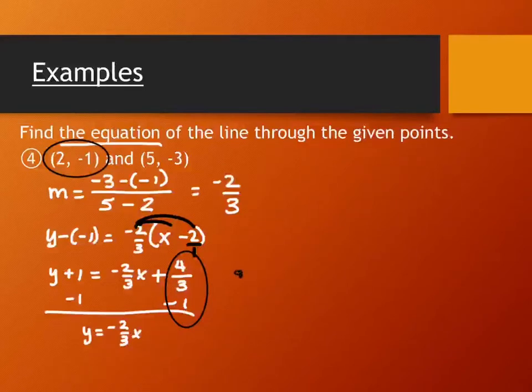So I have 4/3 minus 1, and 1 can be represented as 3/3. So 4/3 minus 3/3 would be 1/3. It would be a positive 1/3. Let me say it that way. All right, so that is the slope-intercept form of our line.